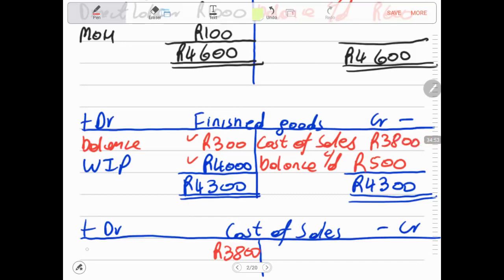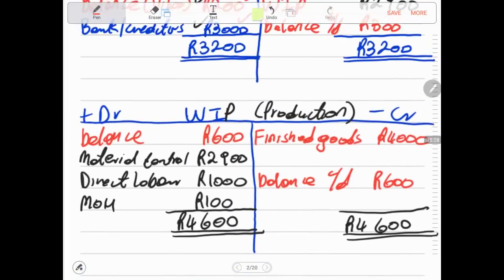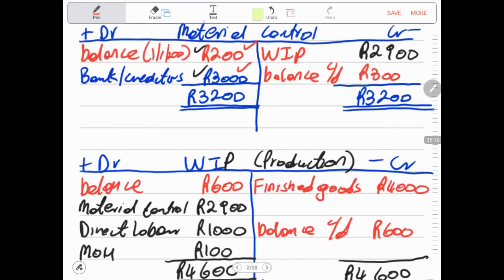So now our cost of sales will be increased on the debit side by the inventory that was sold. So now this will be the basics of your ledger account that you need to make sure that you master at all times. Now, this is how the information flows.